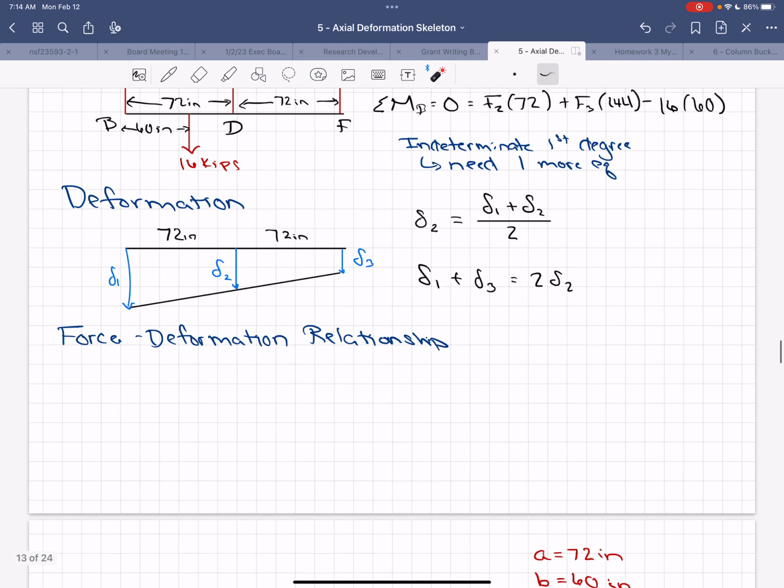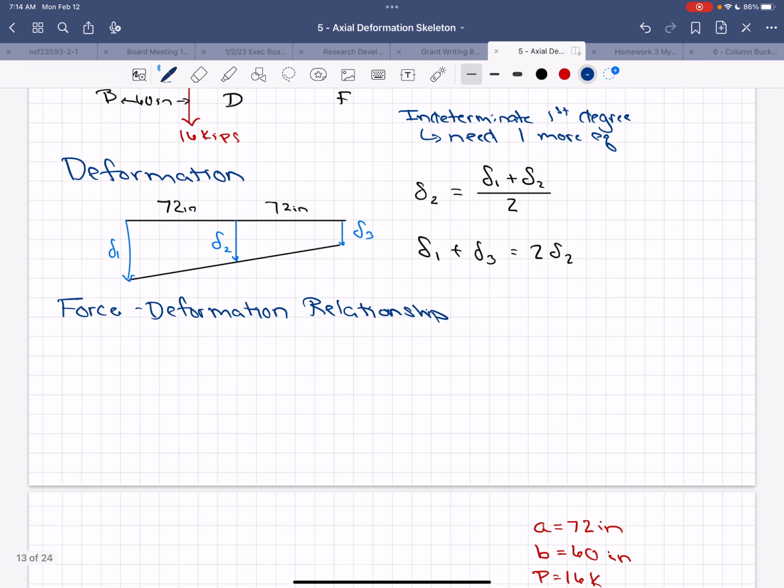So that's going to be that delta 1 equals the force in 1 times the length of 1 all over the area of 1 times the elastic modulus of 1. And then we have delta 2 equals the force in 2 times the length of 2 all divided by the area of 2 times the elastic modulus of 2.